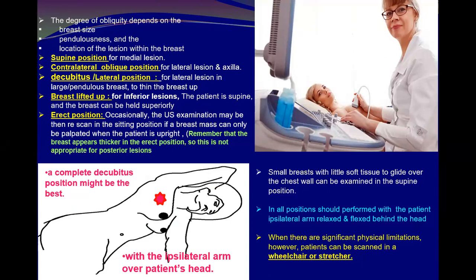You can examine the patient in a supine position. Or if the lesion is in the medial breast, this is the fixed part, so you can also examine the patient in a supine position. For a lateral lesion and for the axilla, you need to examine the patient in contralateral oblique positions, contralateral oblique position for the ipsilateral breast.